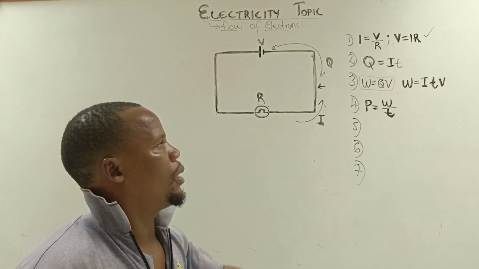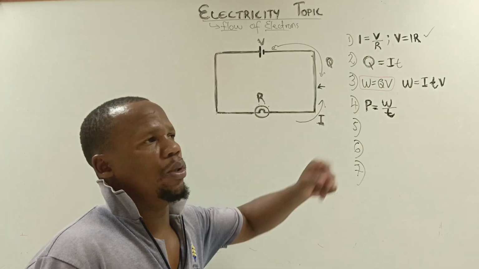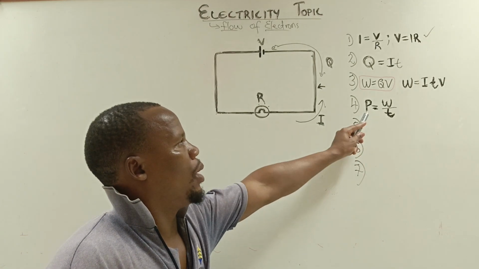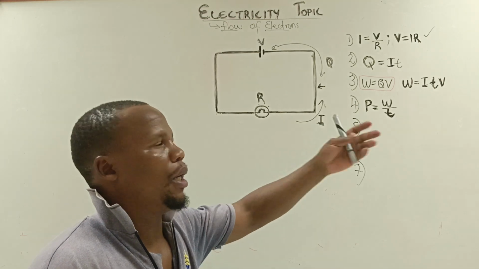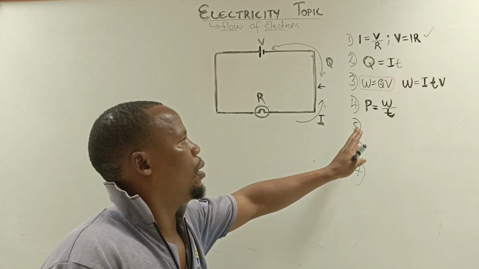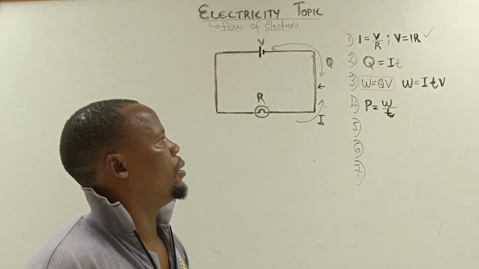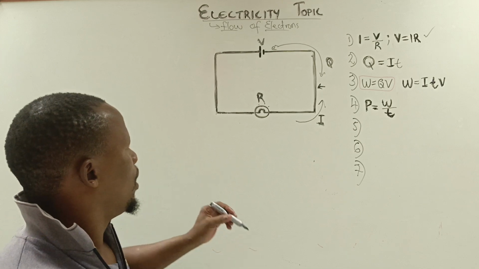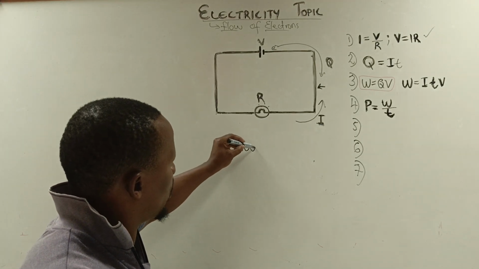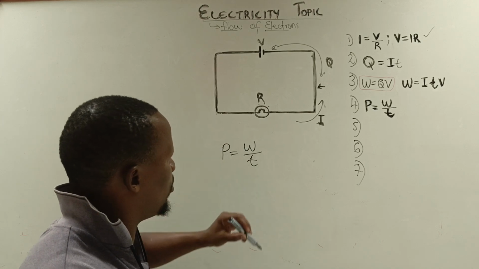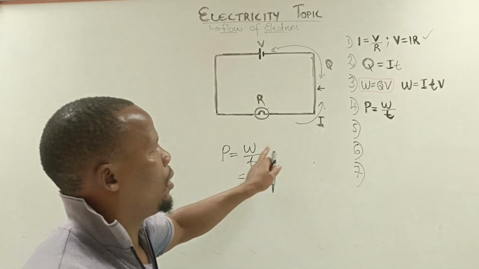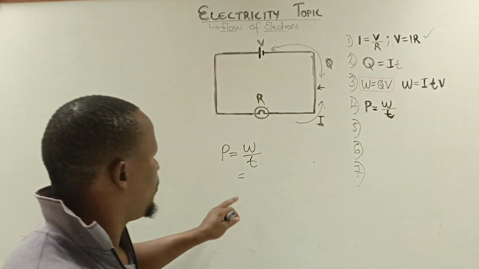Self-explanatory. This is the general formula of physics, but in the electricity topic, how do we know that power is equal to work done over time, and in electricity work done is equal to ITV.